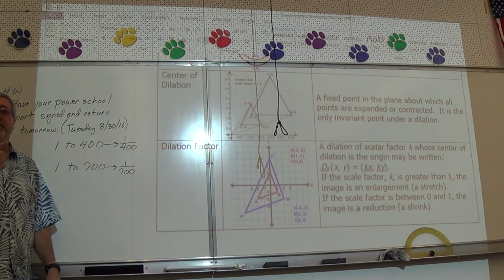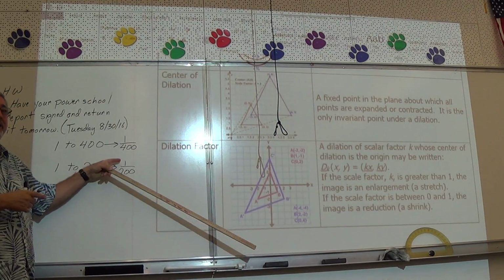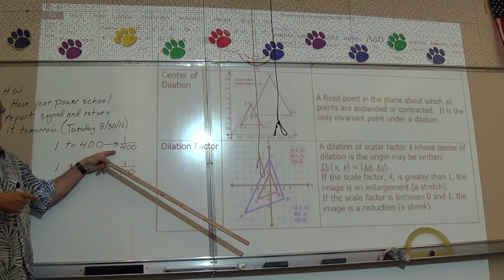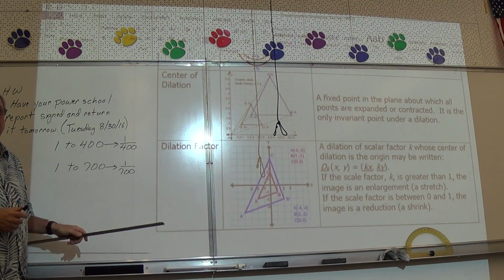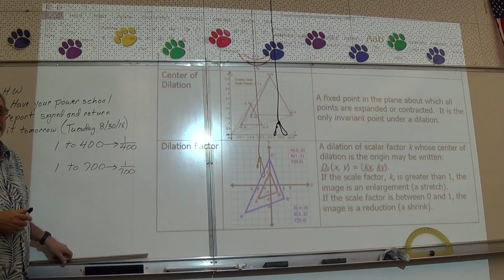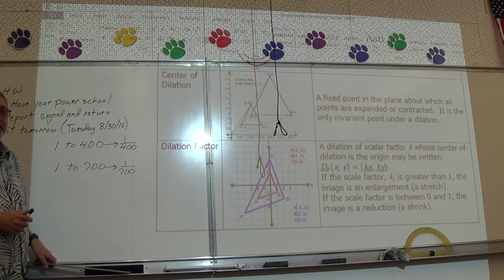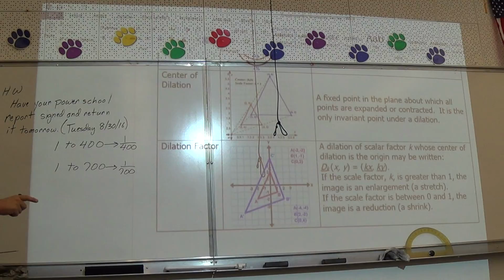This number is smaller than this number. 1/700th is smaller than 1/400th. I just want you to clarify that. Probably gonna want to delete this off of video.